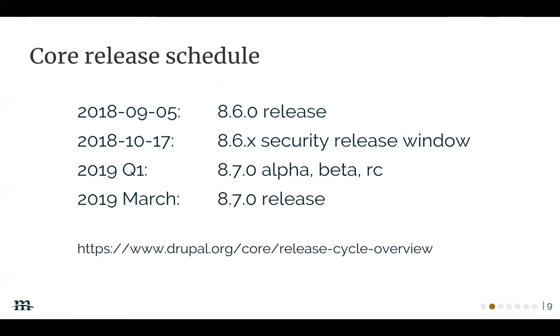And then the 8.7.0 release itself coming out in March. There's still some ongoing debates and discussions. If you check out that URL, there's lots of detail on it, and there are some ongoing discussions on maybe that needs to be adjusted, but that's what the current time frame is.